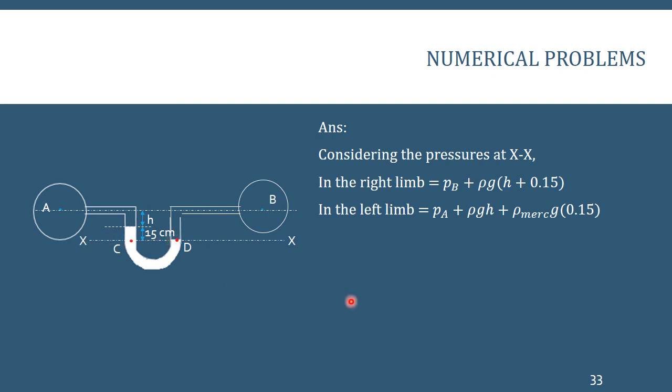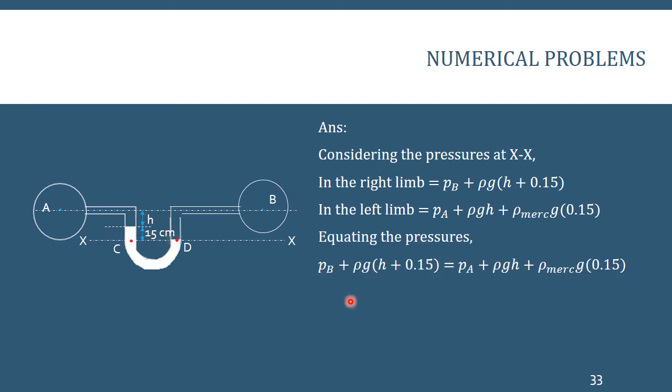So when I equate it, I'll get PB plus rho g into (H plus 0.15) is equal to PA plus rho gH plus rho mercury into g into 0.15. Now it's given that the specific gravity is 0.9. So rho is equal to 900 and rho mercury is 13,600.